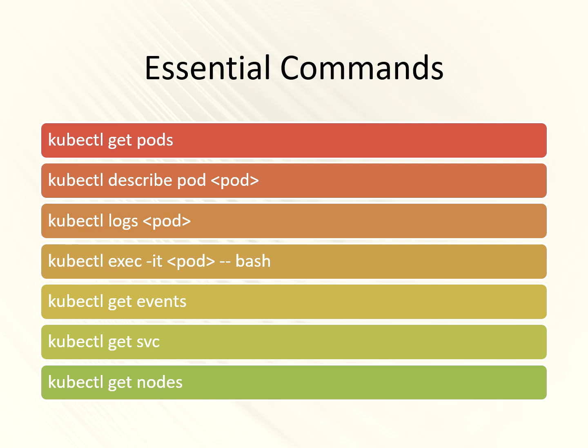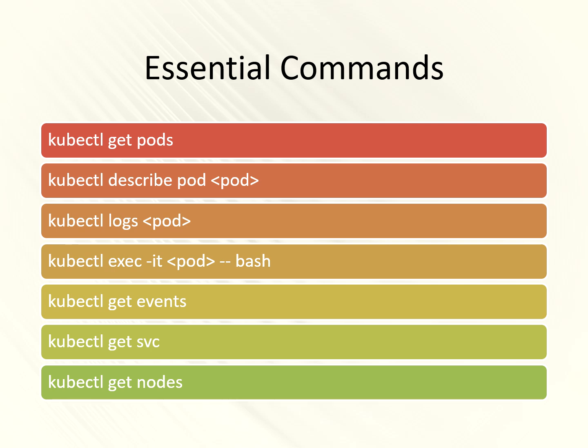Essential commands that we use during troubleshooting almost every day. kubectl get pods shows the current status of all the pods. Describe pod gives detailed information on events, scheduling problems, and image errors.